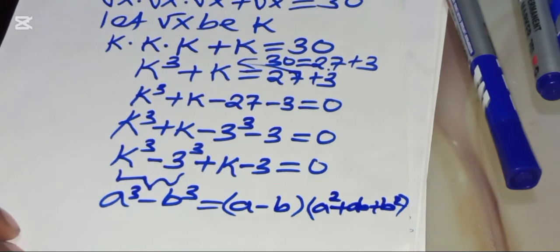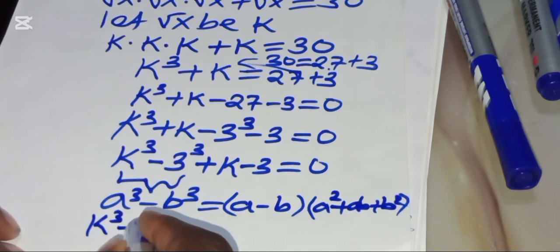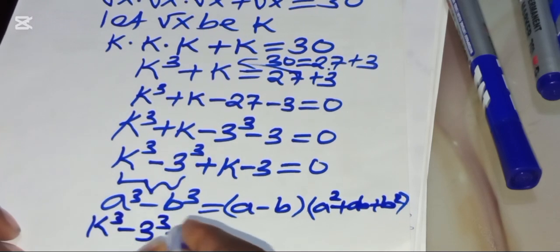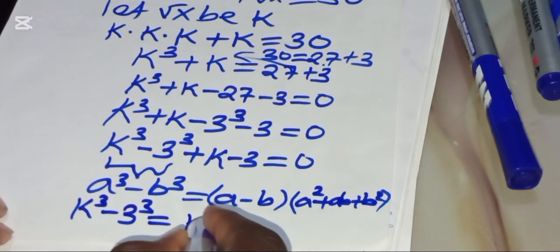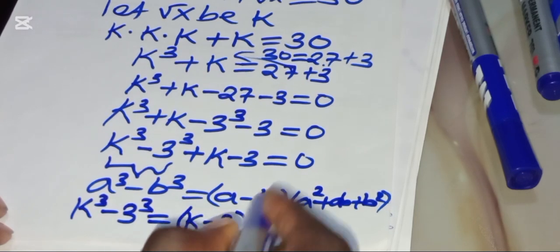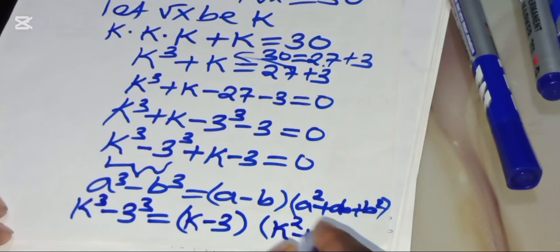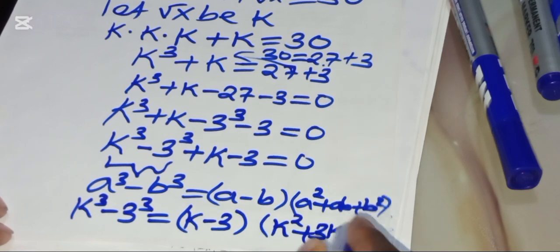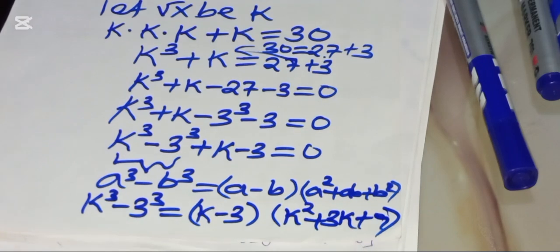Now from here, we find that k cubed subtract 3 cubed is equal to k subtract 3 times k squared plus 3k plus 9. So let's proceed.